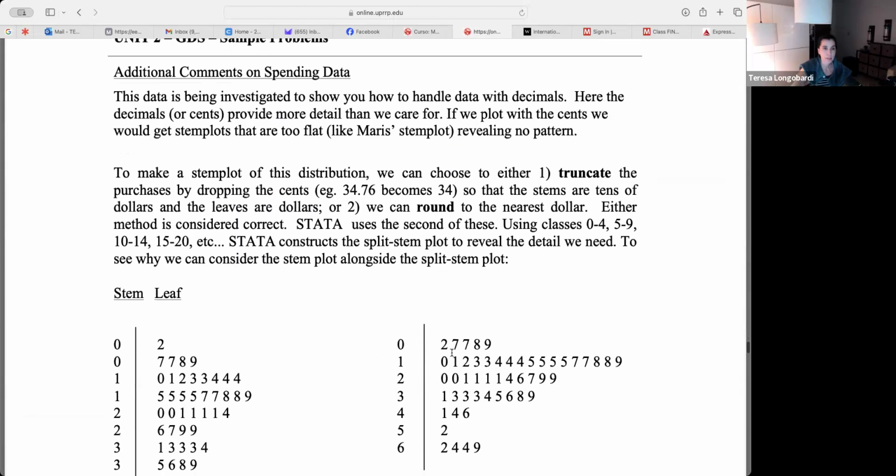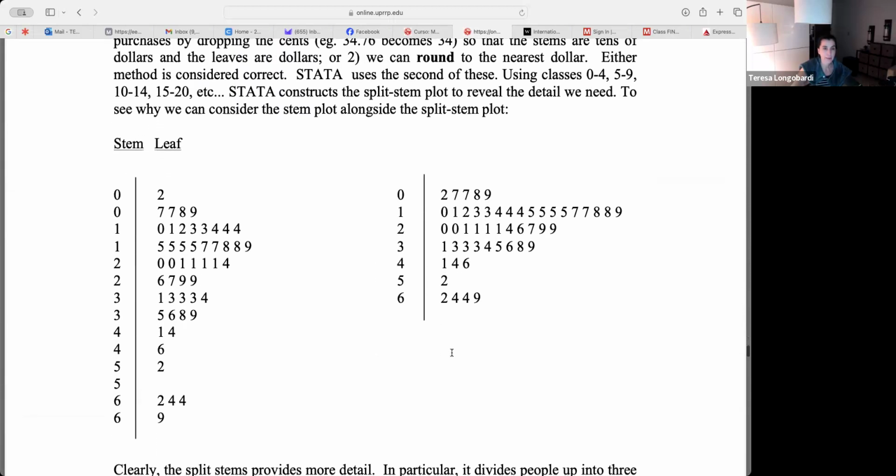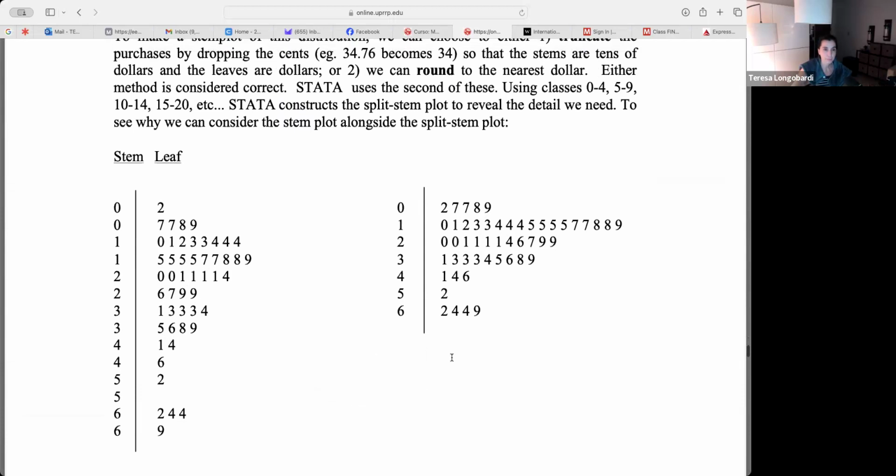All right. So additional comments are, look at the stem and leaf. Here I make the stem and leaf going by 10 as opposed to going by 5. And what do you see that is different? Would you say the shape is different? It's still skewed to the right?